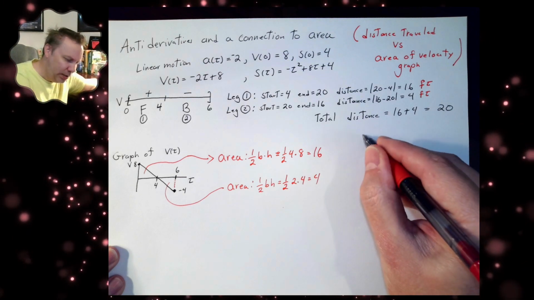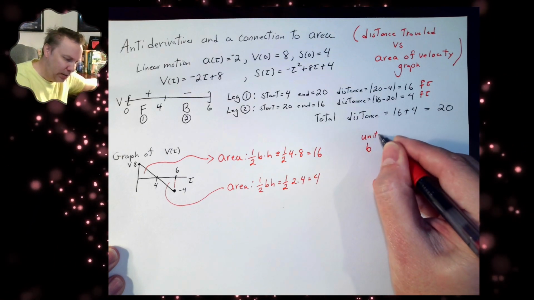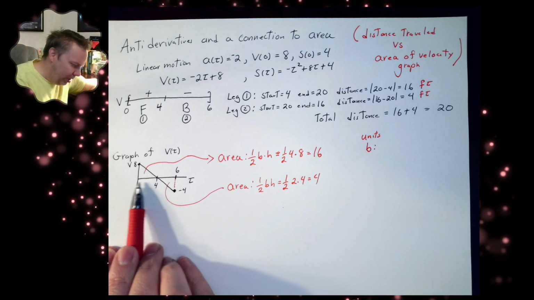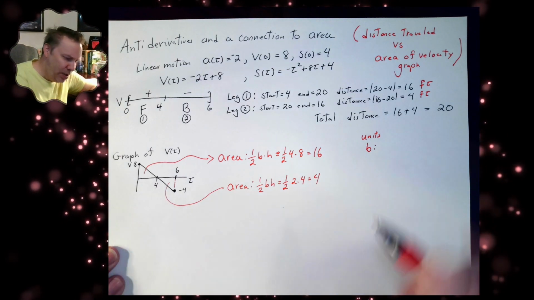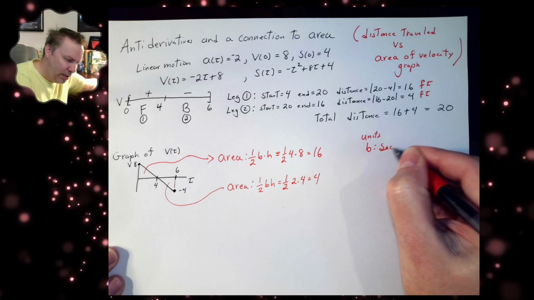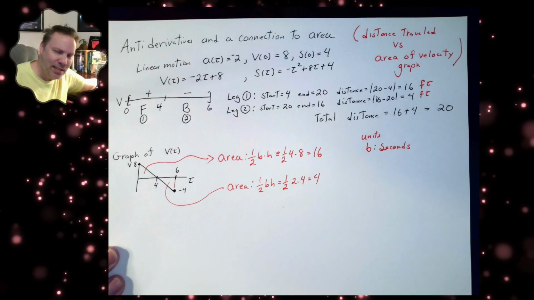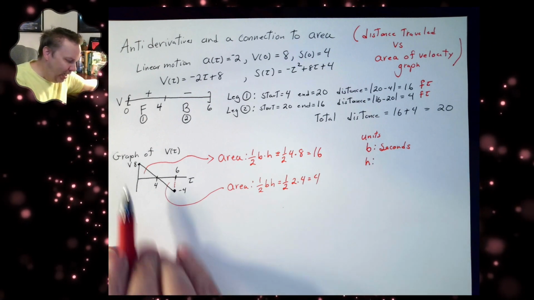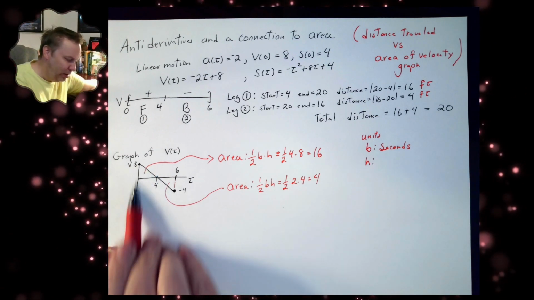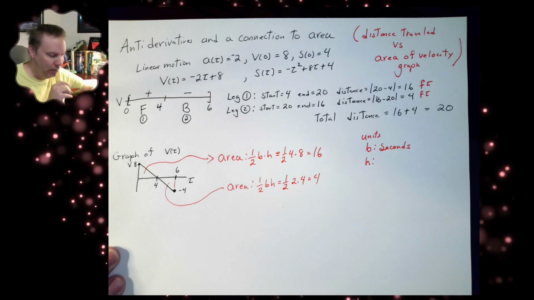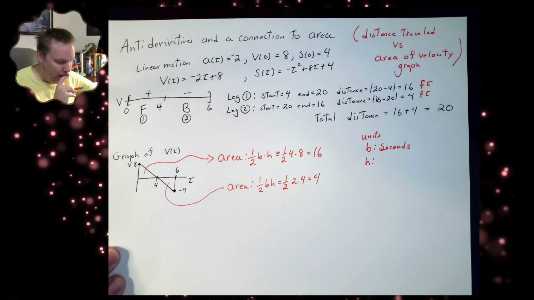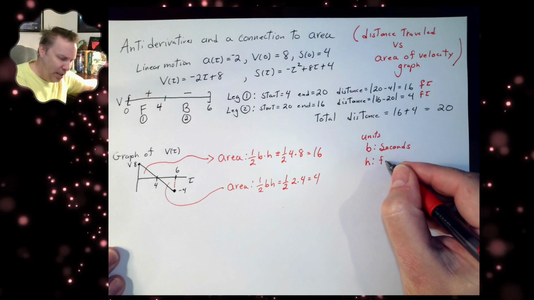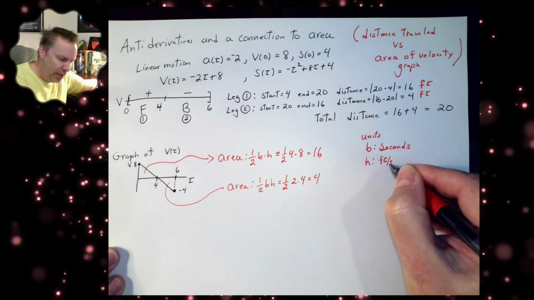What are the units for the base? Well, the base is in this direction, so this is in seconds. What about the units for the height? Well, the height is in this vertical direction. Huh. That's a velocity. So this is in feet per second.